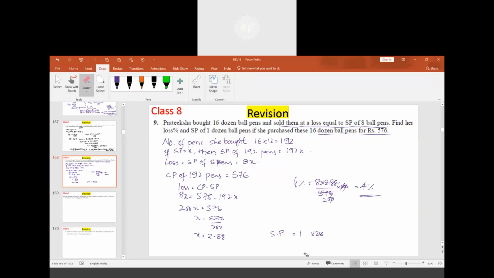So 12 into 2.88. What is 12 times 2.88? 34.56. So this is SP of 1 dozen.